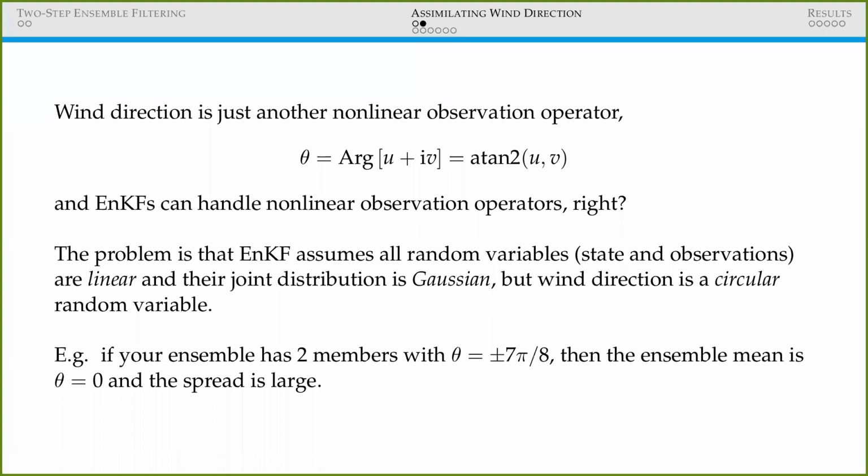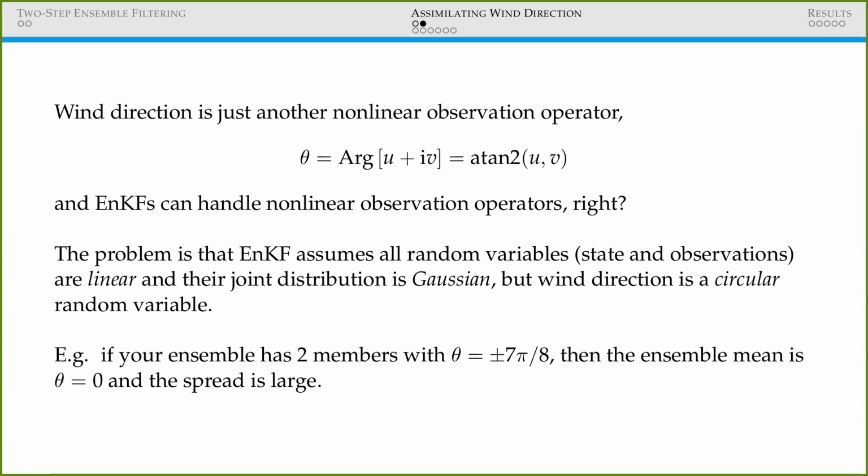So for example, suppose that you have two ensemble members. Both of them have westerly winds, but one of them is slightly north of west and one of them is slightly south of west. If your angles run from minus pi to pi, and you just throw an EnKF at this problem, you'll find that the ensemble mean has an angle of 0, which is eastward, which is in the exact opposite direction from being correct.